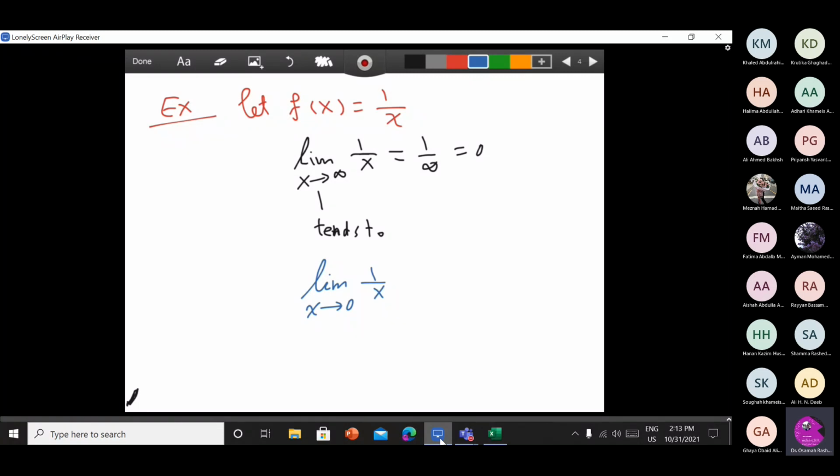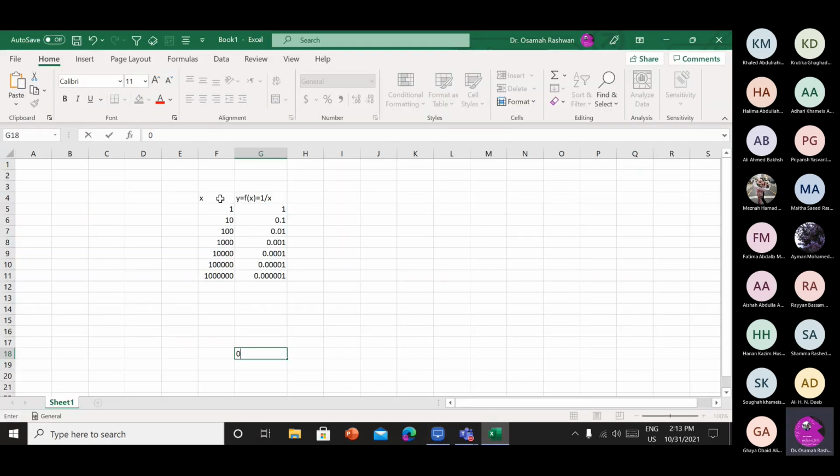Let's go to Excel and take values very close to 0, right?